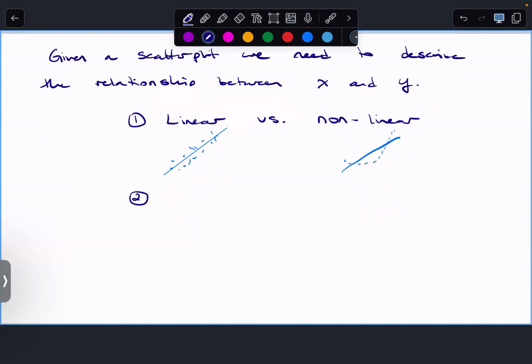The second thing we need to talk about is the strength of this relationship. Is it strong? Is it weak? I only use those two classifications, and you can kind of get jiggy with it as you go. Moderately strong, moderately weak, kind of trust your gut.